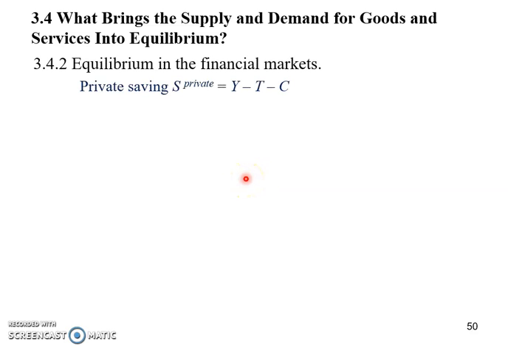All right, now let's take a look at the mathematical expression of what we just discussed. The private saving, S private, equals Y minus T minus C. Remember, Y minus T is so-called disposable income, right? Y is gross income, T is taxes, so this is after-tax income, minus consumption, how much they spend. That's what's left for saving, right?